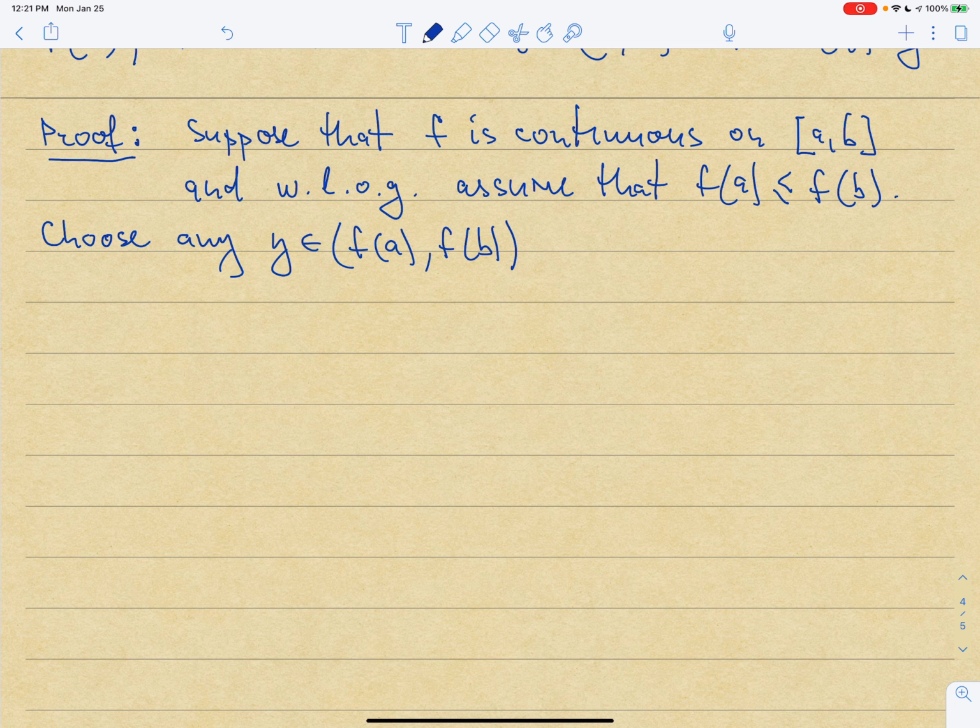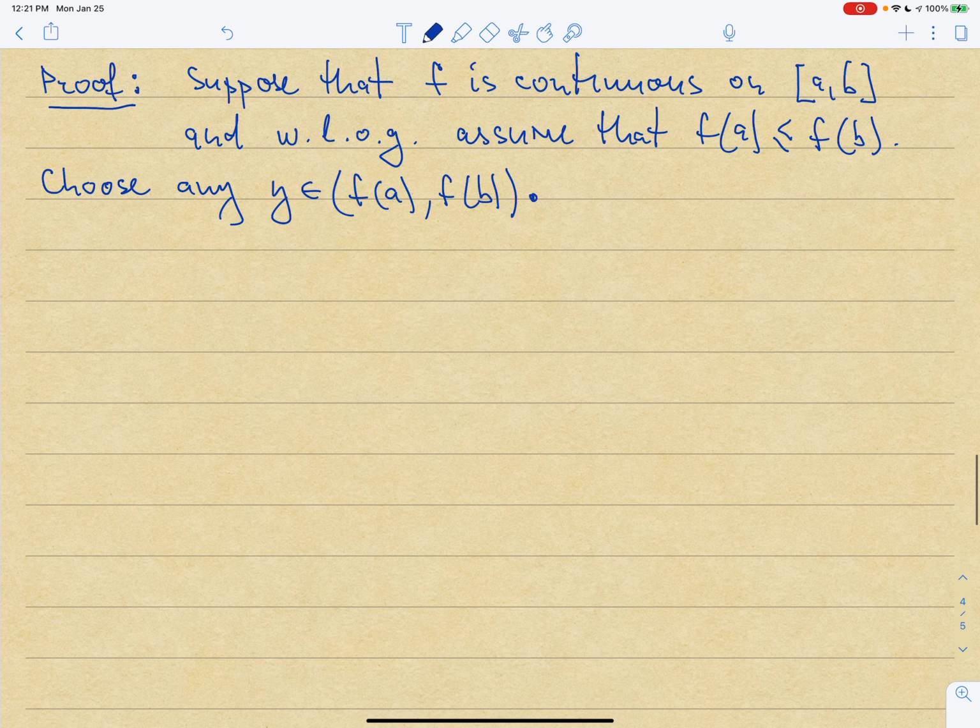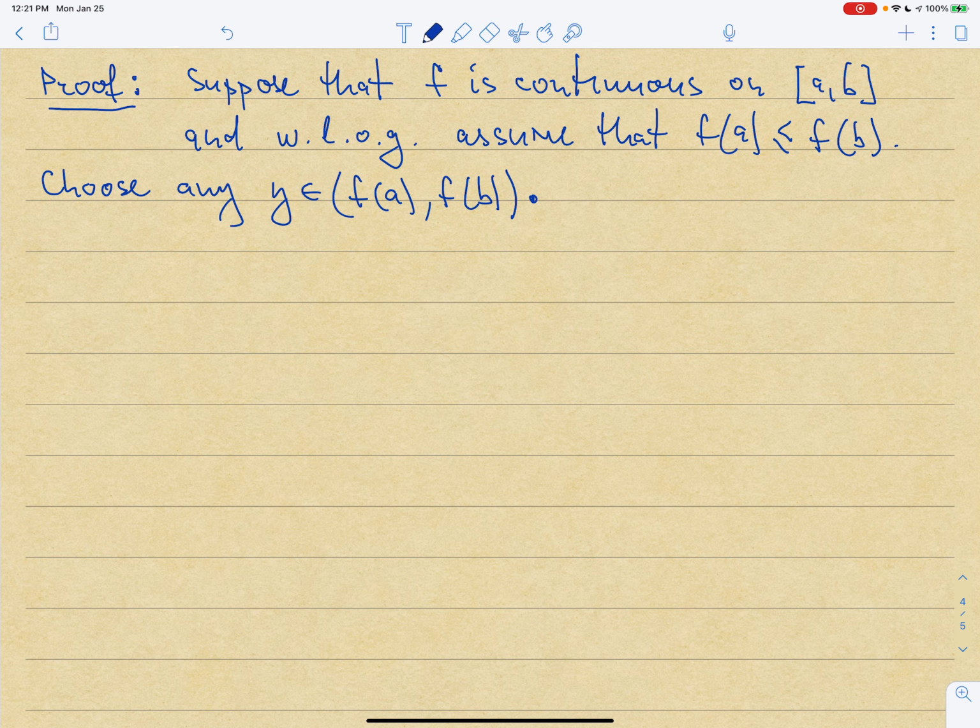All right, so let's see what we're going to get. How should we proceed? Let's try to draw a picture first, and then we will try to write a formal proof.